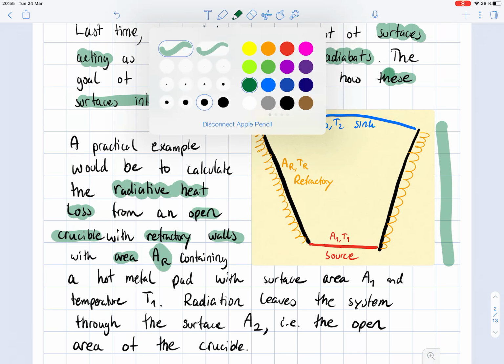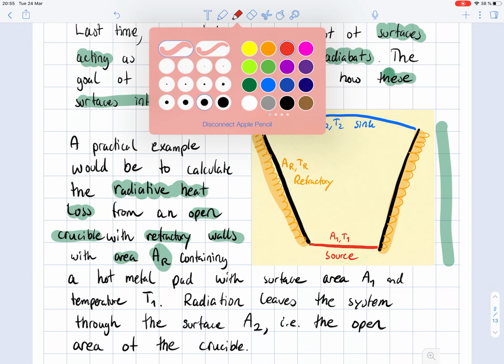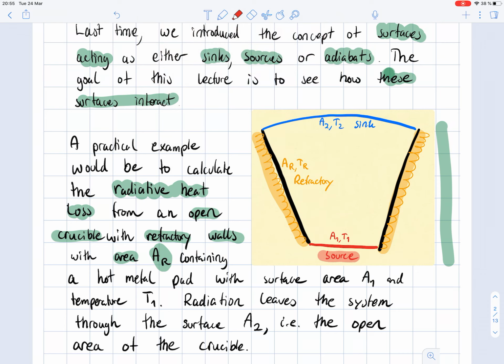So these are these orange walls that we have here. So these are adiabatic. The crucible contains a hot metal pad which acts as a source, and this hot metal pad has then an area A1 and a temperature T1.